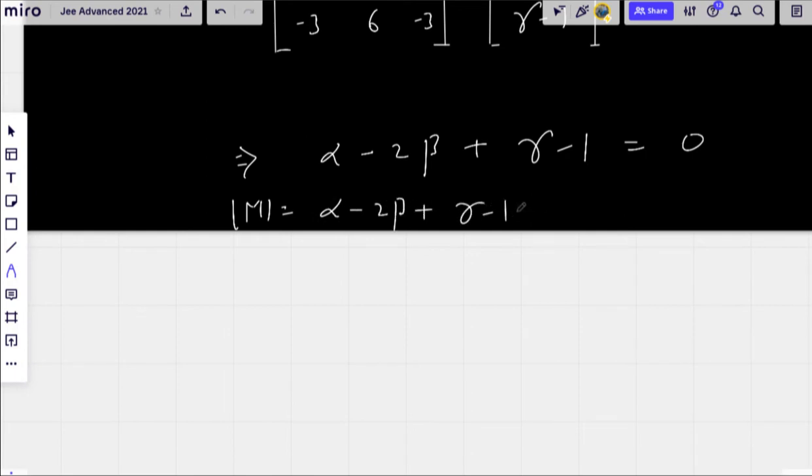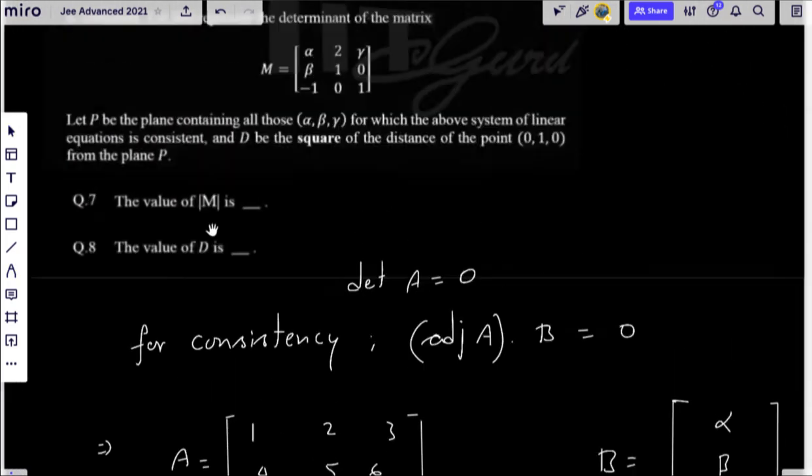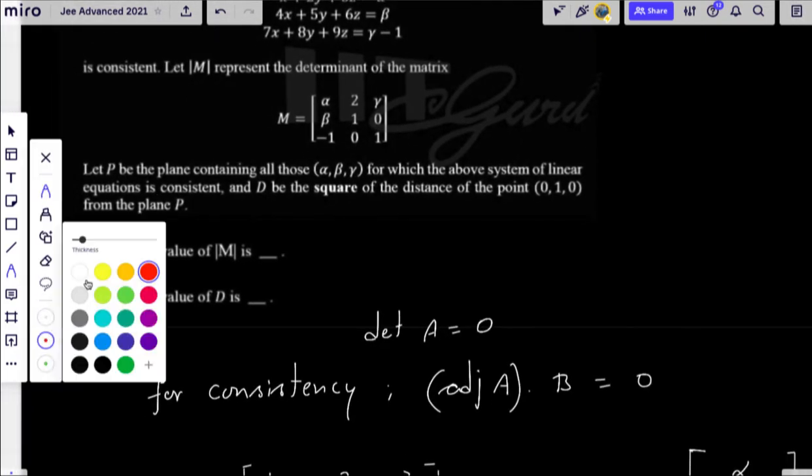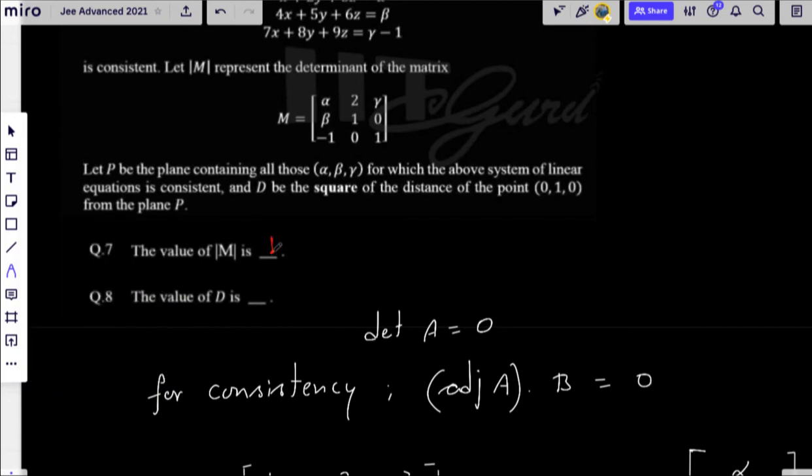Actually it is gamma only. So on transposing we will get this as 1, and this is the value of mod M. So the value will be 1. So the answer for the 7th part is only 1. Okay, fine. So we recall here, the answer is mod of M is 1.